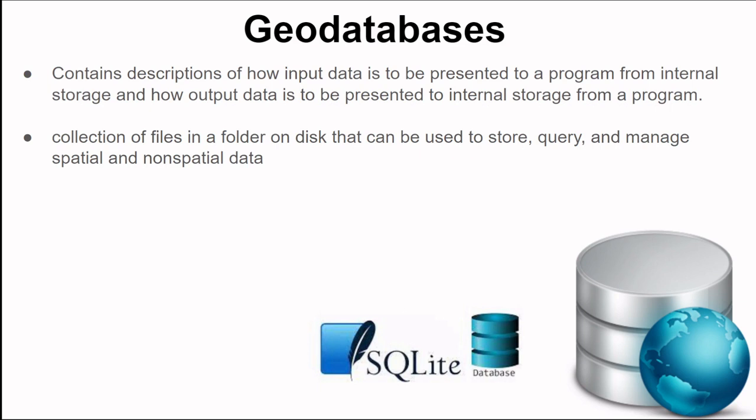This is an example of what I said in our first few slides, where I mentioned that some of the data sets are platform specific. So if you are using Esri's desktop application, you are likely to be using either a file geodatabase or a personal geodatabase.